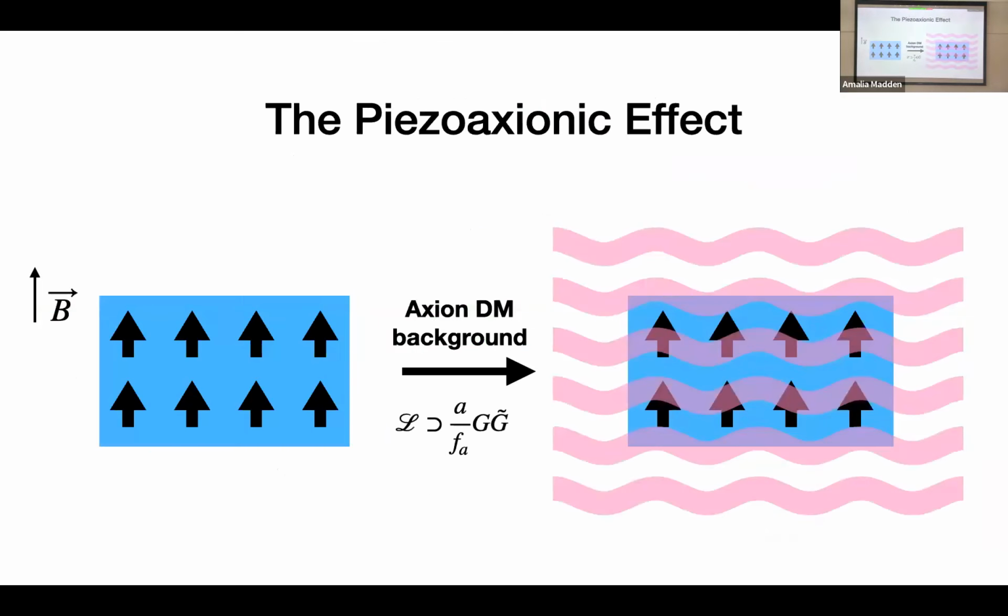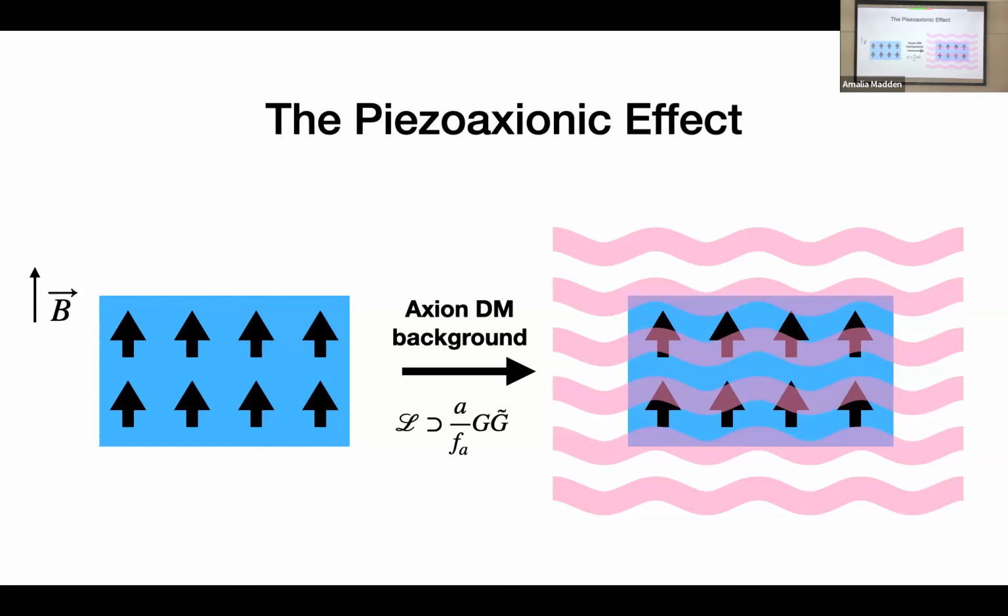Okay, now I can tell you about the real idea. Here is a picture of our idea. We're going to take a piezoelectric crystal. We're going to apply an external magnetic field because inside this crystal, its composition is going to have nuclei that have spins. So this external magnetic field is going to polarize all of the nuclear spins in our piezoelectric crystal in the same direction.